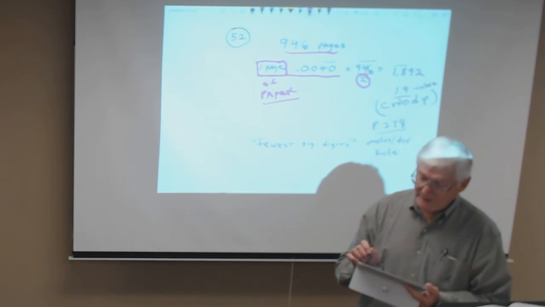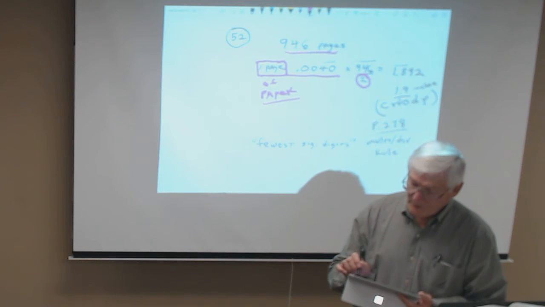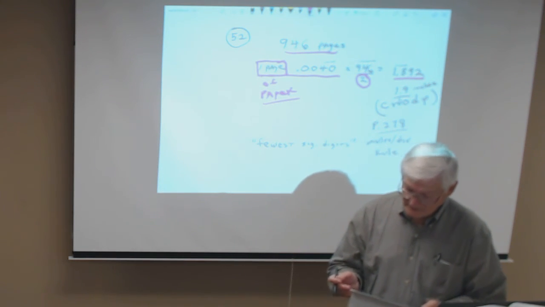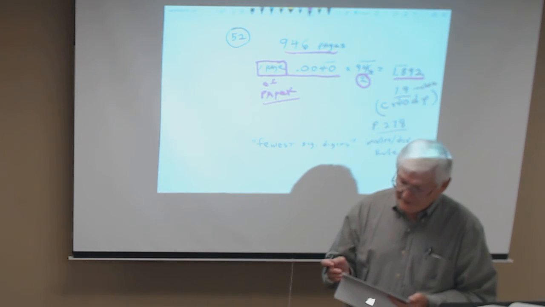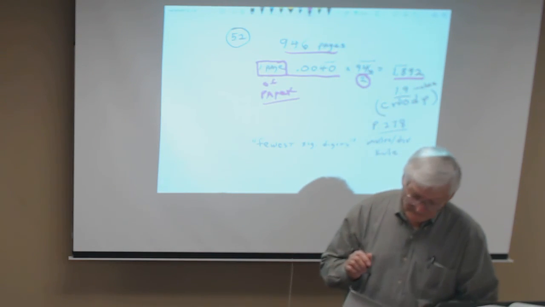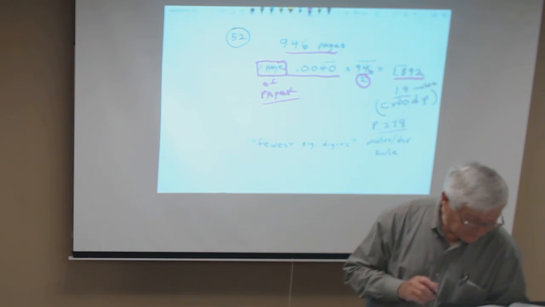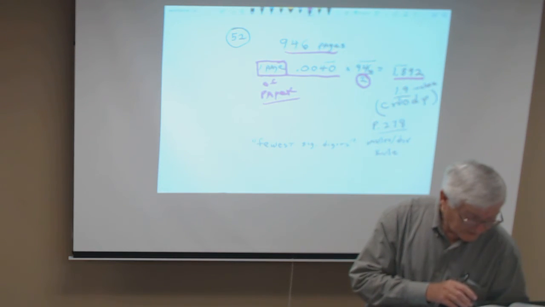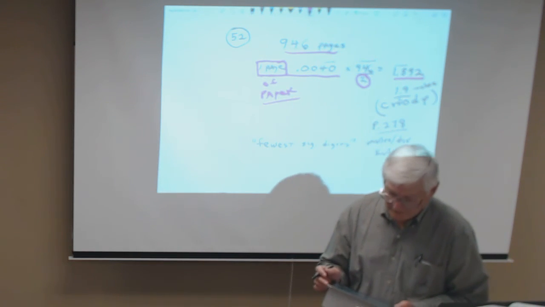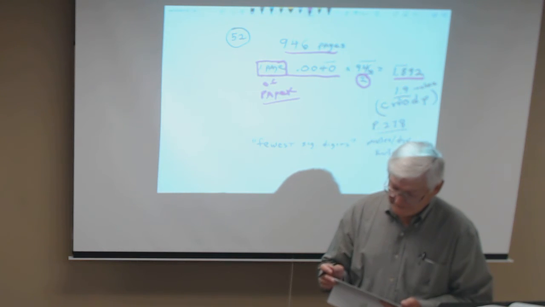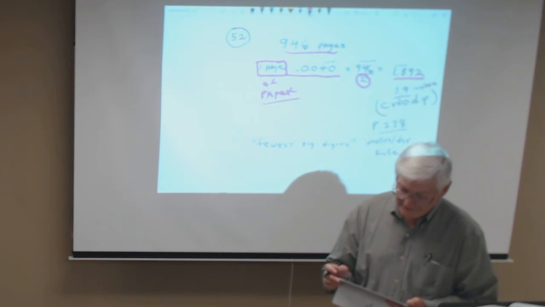And then what happens when I multiply that? I get 1.892. But to the correct number, what did it say to do for 52? To the correct number of decimal places. So what do we have here?